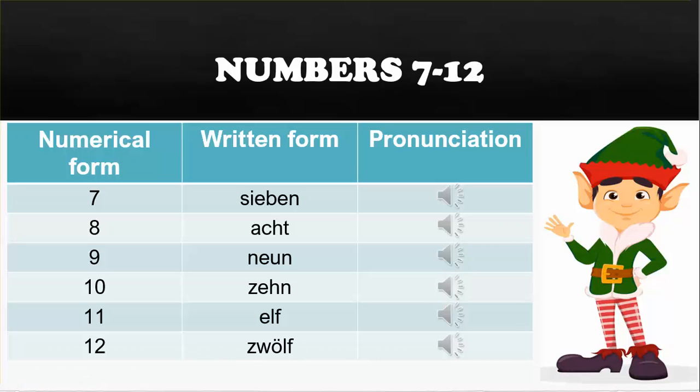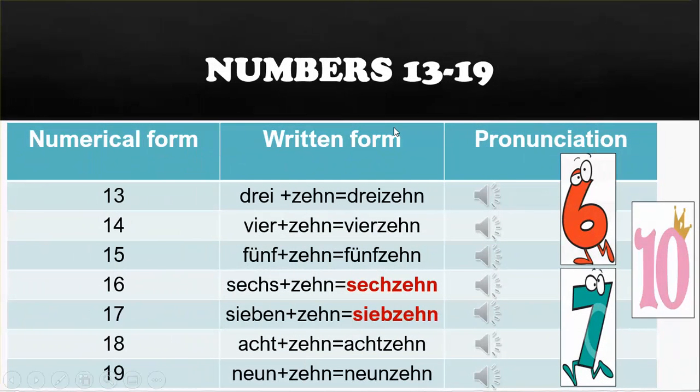So going further, now come the numbers 13 to 19. And the interesting thing about German numbers 13 to 19 is that we will just add the numbers 3, 4, 5, 6, 7, 8, and 9 with the number 10 to form 13, 14, 15, 16, 17, 18, and 19.